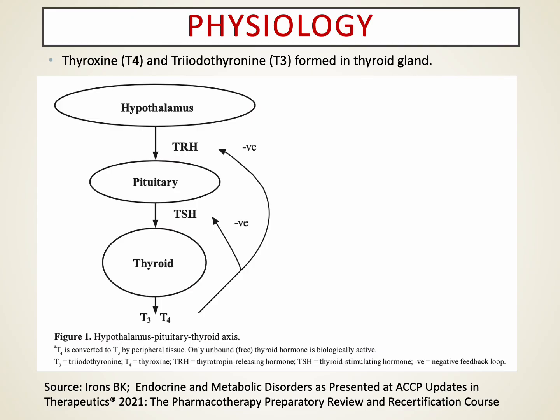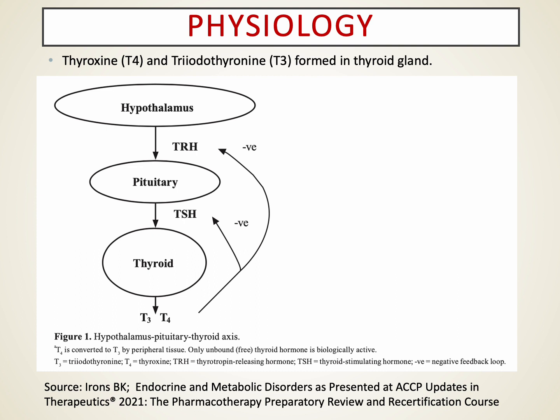So physiologically, not in the pathologic state, we see T3 and T4 formed in the thyroid, and they serve as a feedback loop to affect thyroid-releasing hormone from the hypothalamus to the pituitary, suppressing that, and also suppressing pituitary secretion of thyroid-stimulating hormone. And so for most patients, this feedback loop works well.